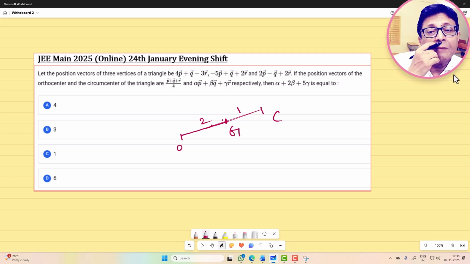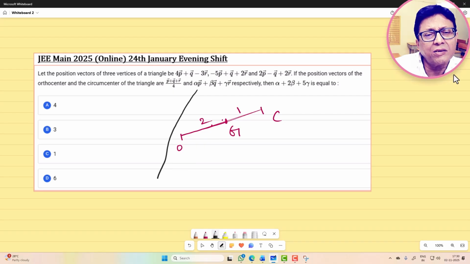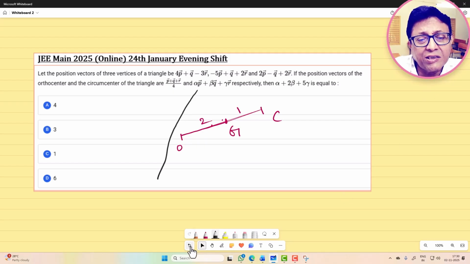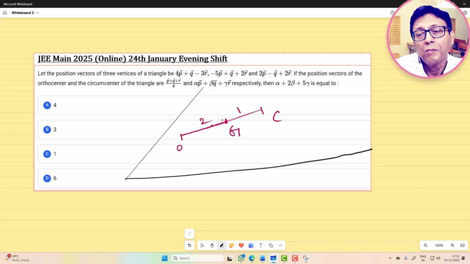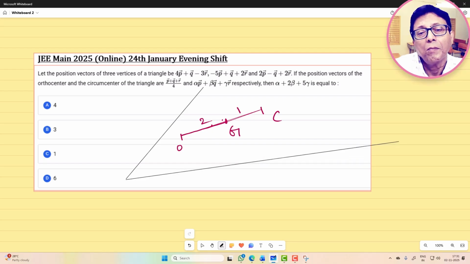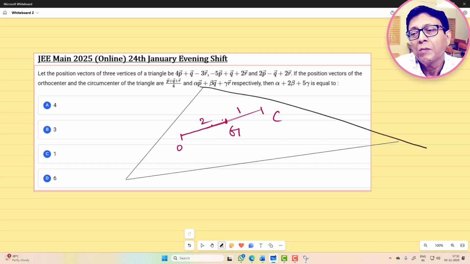Position vectors of 3 vertices of the triangle are given. So there is a triangle here. I need not draw the triangle, but if you need, let's start drawing. Those three sides will include this part. Whatever may be.